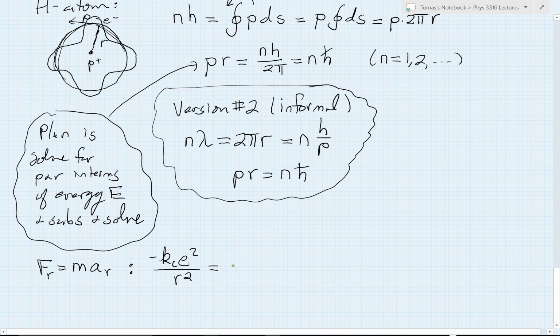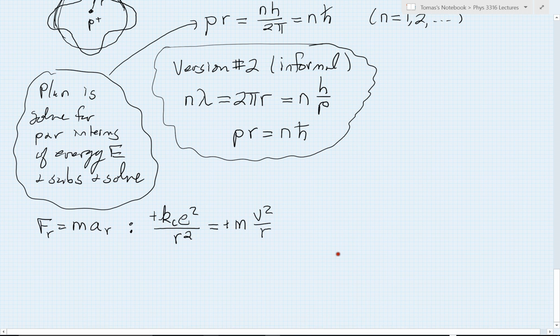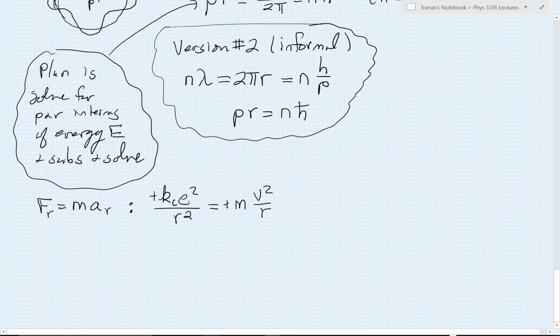The mass is just the mass of the electron, m. And then the acceleration is the usual centripetal acceleration, which has the value of minus the velocity squared divided by the radius. Now, real quick, one thing we can do, of course, is to cancel out our minus signs, which is very good. And now we're relating velocity and mass to position.